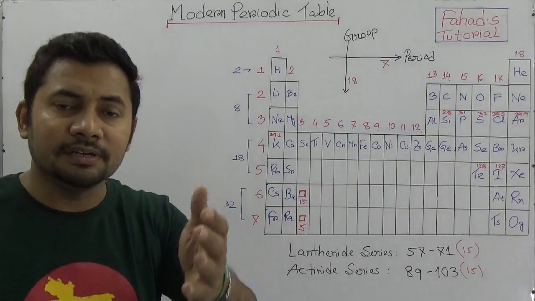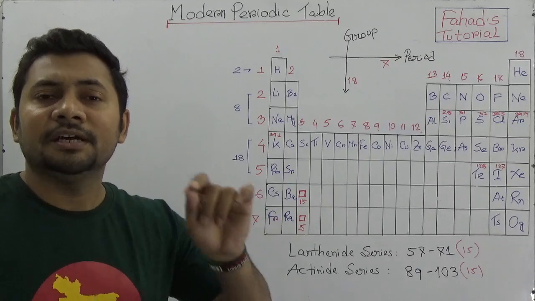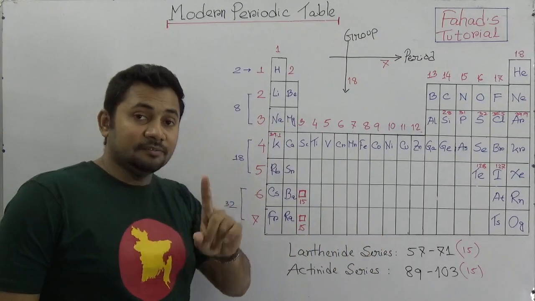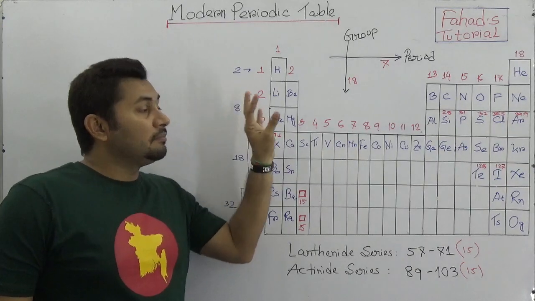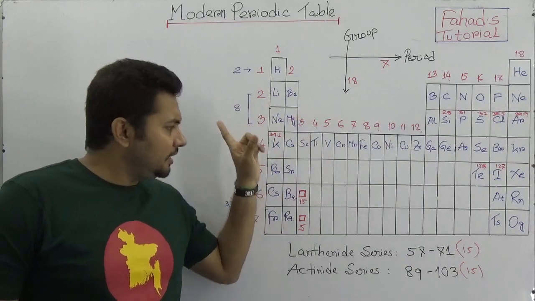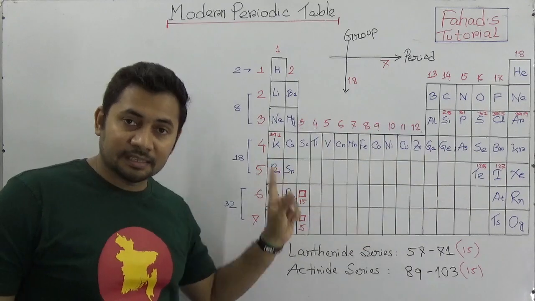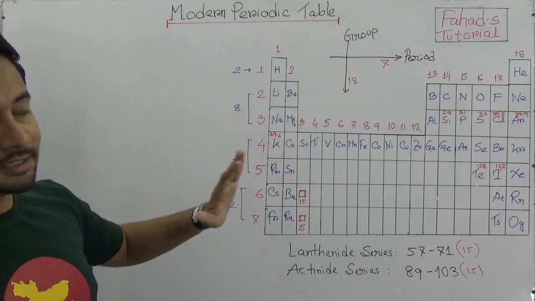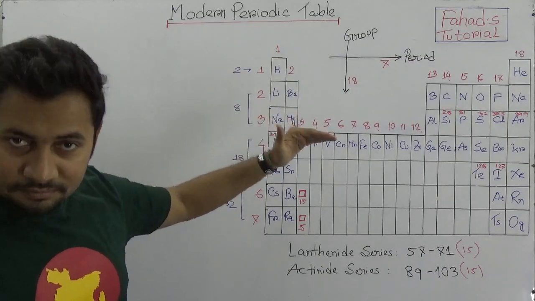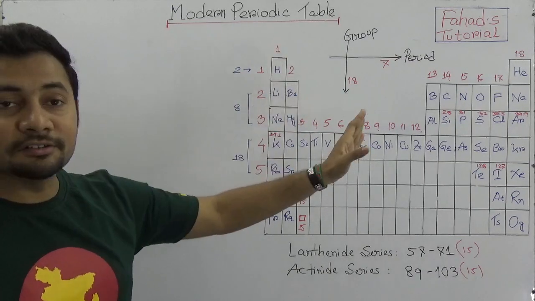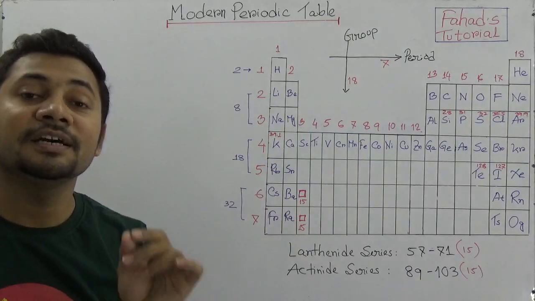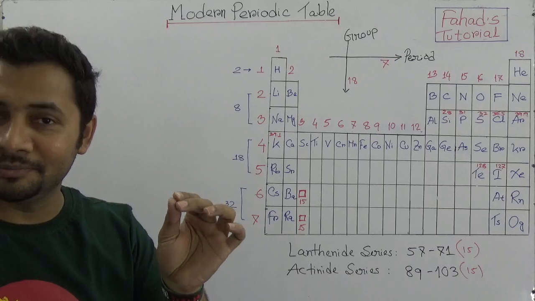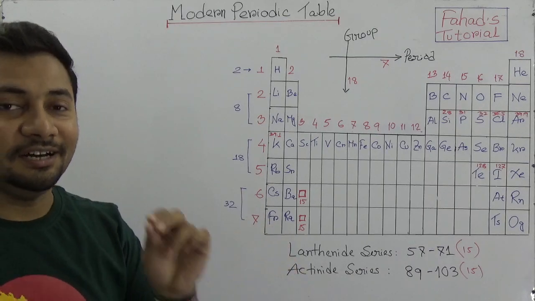Of course, you already watched my videos that I uploaded about the characteristics of the periodic table, where I said the number of elements in each group and each period. Now we need to find out how to determine the position, the group number and the period number, of an element.